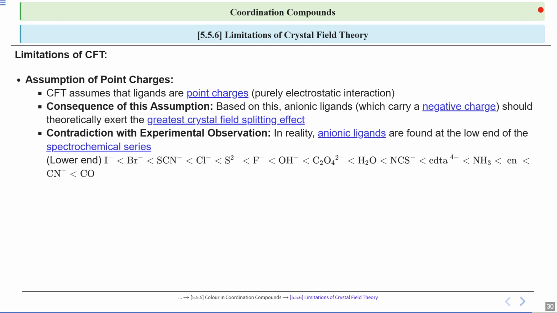Okay, so this is the experimental observation through which we observe the spectrochemical series, but the assumption made by the CFT is contradictory to this observation, in which anionic ligands are found at the low end of the spectrochemical series. That should not be the case, because as a theoretical concept, an anionic ligand should exert the greatest crystal field splitting effect, right?